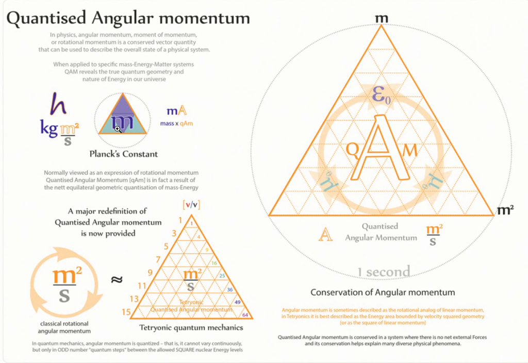Again, the mass energy will fluctuate. It will be related to itself through the square of the speed of light, E equals mc squared, as Einstein defined it for inertial mass energy. But the constant part of the equation is the quantized angular momentum, or the alpha. And it's the alpha that's been hidden from physics in the mathematical study of physics, because Planck's constant has never been realized in terms of geometry.